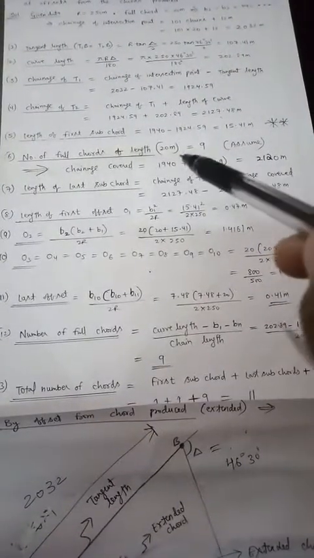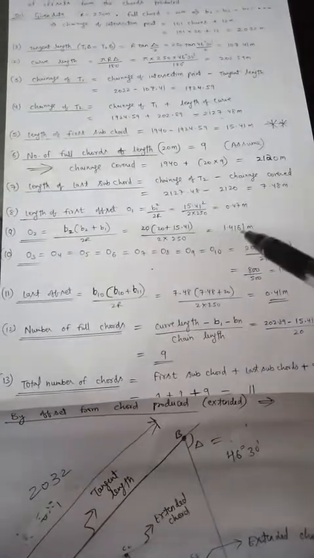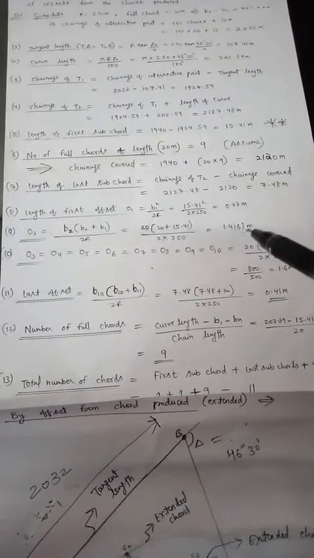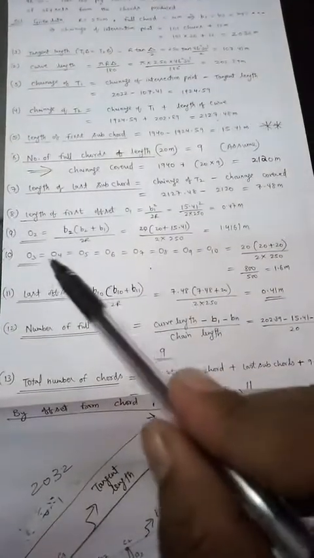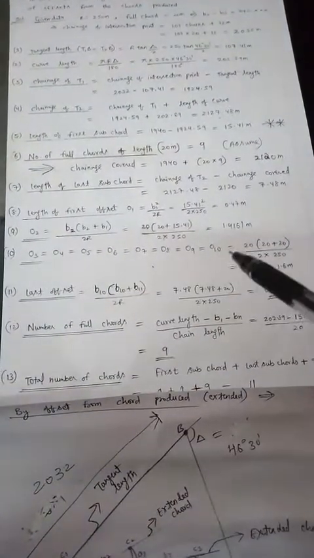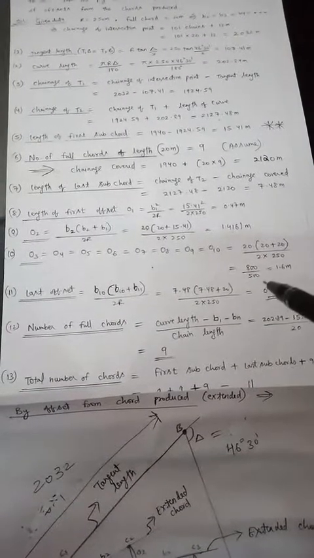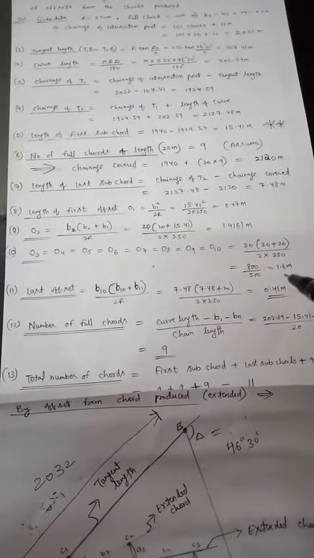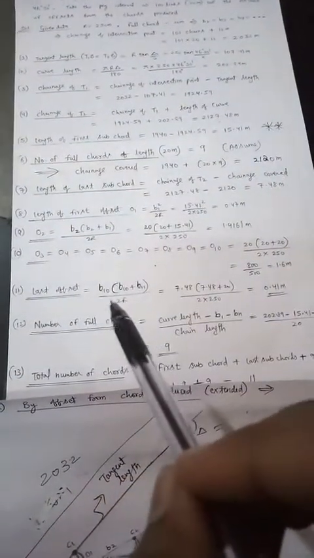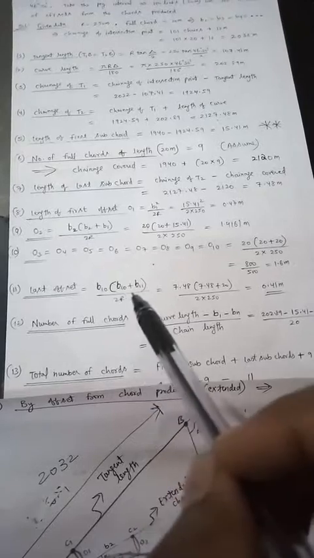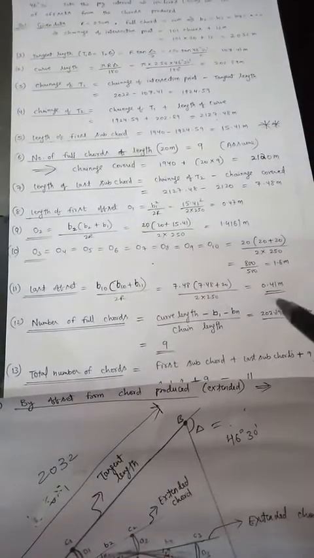After solving, we will get O2 as 1.416 meters. The intermediate offsets are all equal, so we will get 1.6 meters. Then the last offset formula is B10 into B10 plus B11 by 2R. Solving, we will get this value.